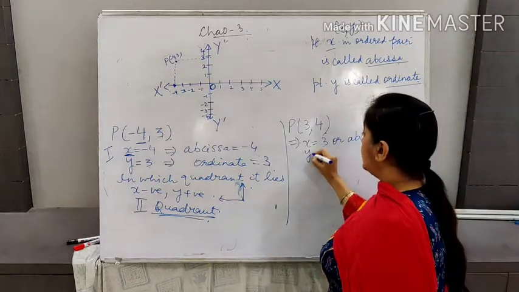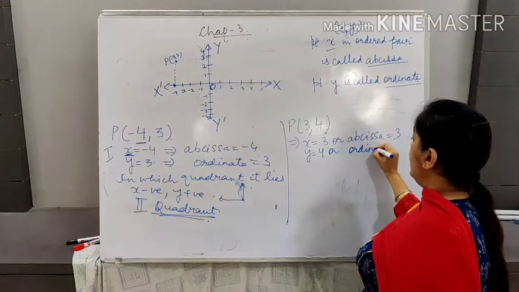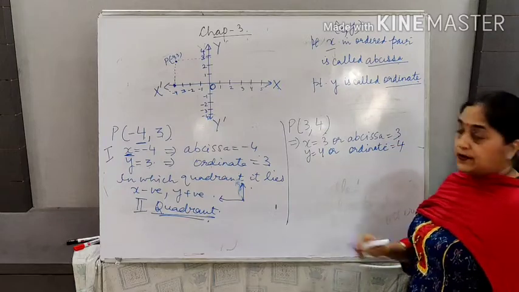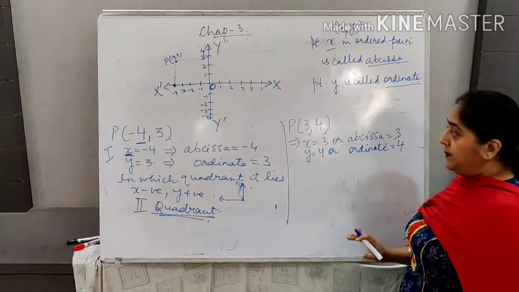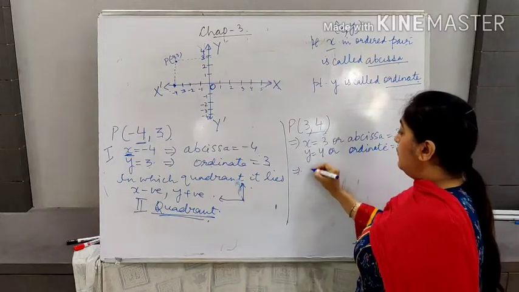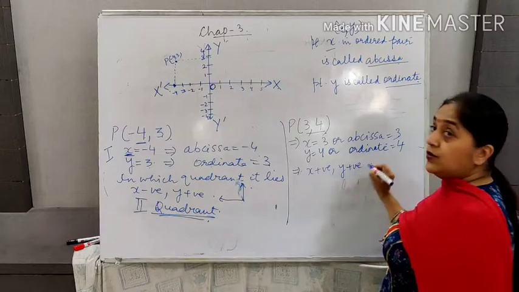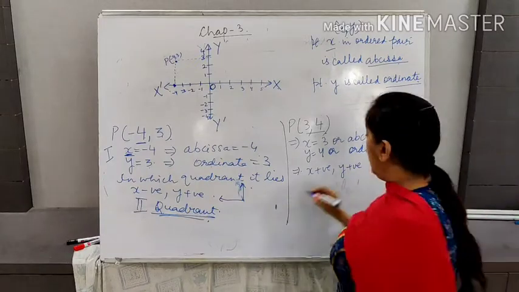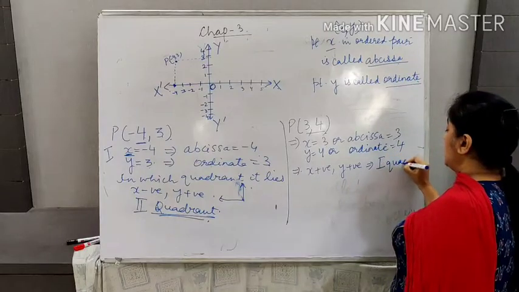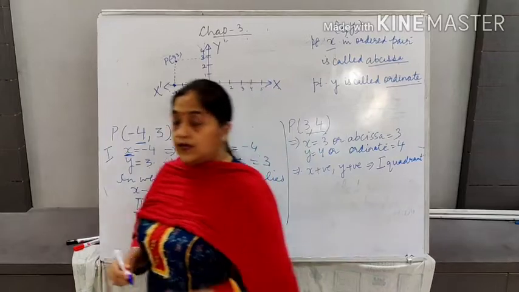Similarly, y is equal to 4 or ordinate is equal to 4, right? I hope this all is clear to you people. Now in which quadrant is 3, 4? X पॉजिटिव, y पॉजिटिव, दोनों चीजें कौन से क्वाड्रेंट में पॉजिटिव होती हैं? Implies फर्स्ट क्वाड्रेंट. तो my point lies in first quadrant.